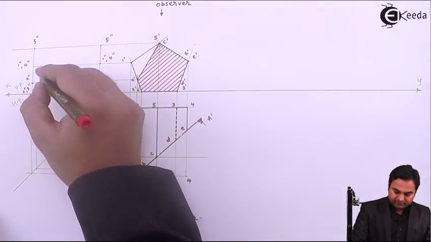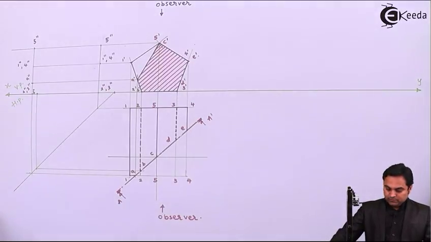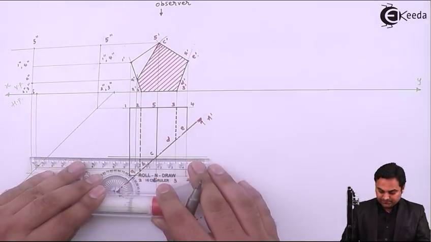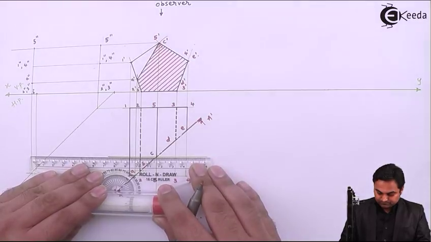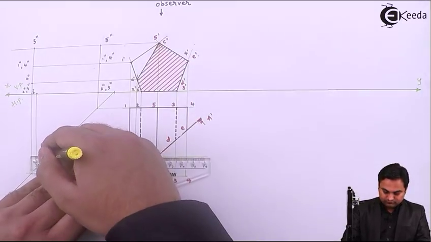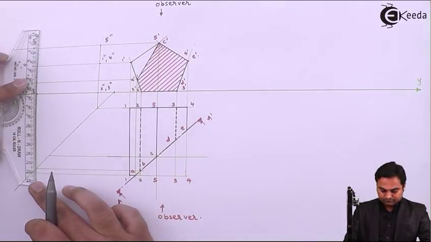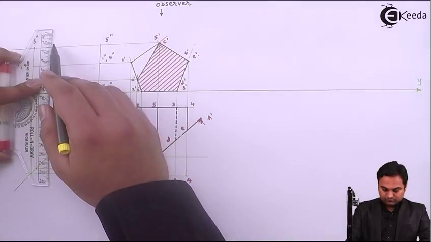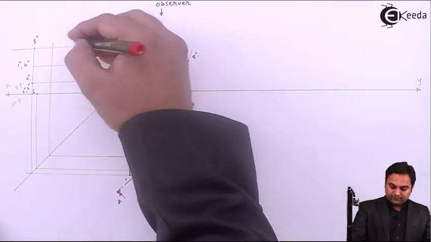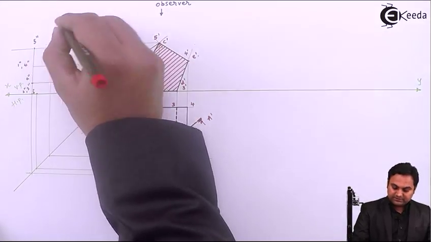Where they intersect, that will give me the point B double dash. Then point C is there at the top, and here I am having point C at this location. Projecting it light. Where this intersects this line, 5 dash 5 double dash, here I'll get the point C double dash.